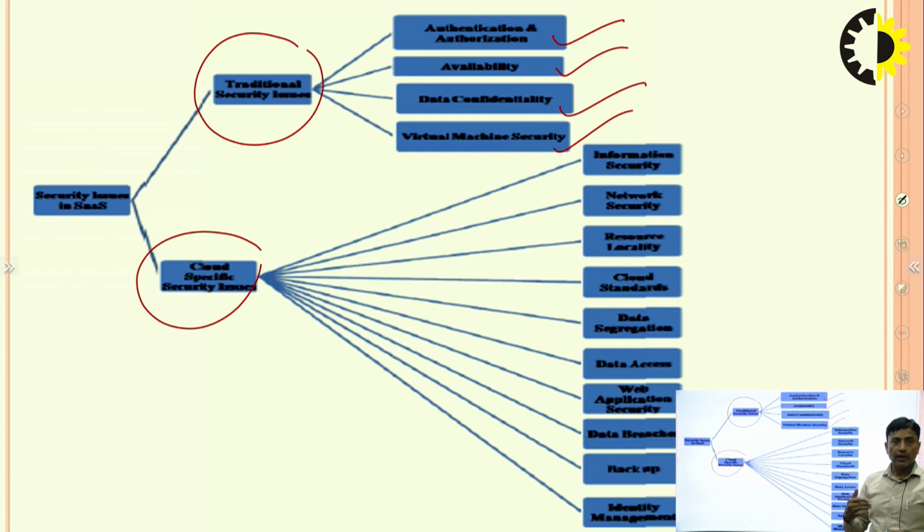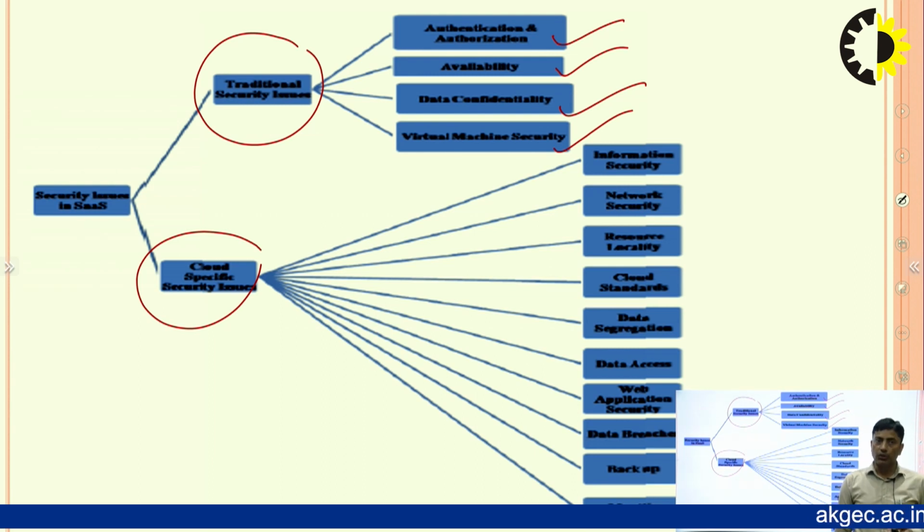That decides the privileges on these resources. There is often a misconception between authentication and authorization. Authentication ensures the identity of the user, and authorization ensures which resource can be used by which user.